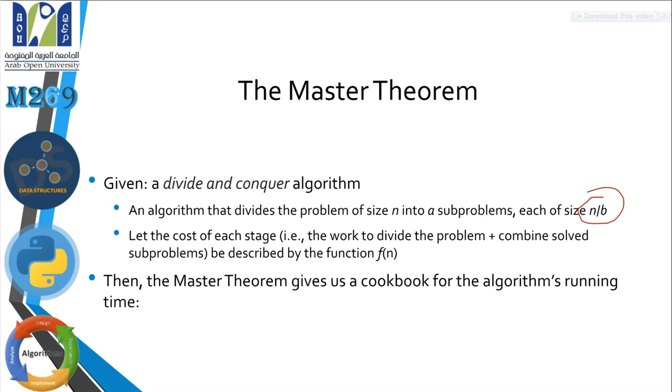Let's say that the cost for each part of the algorithm is divided into two stages. First is to divide the big problem into smaller problems.